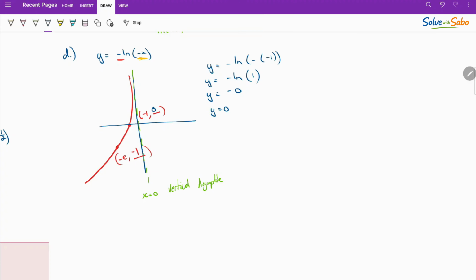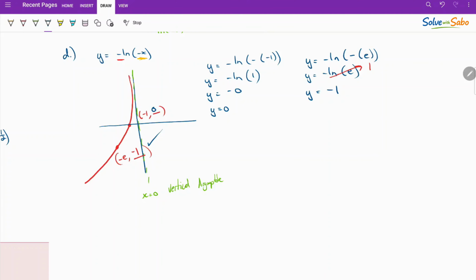So let's have a test again. y equals negative ln of negative e, negative ln of positive e. Now, ln of e just cancels out. We know that cancels out. That ln of e is what we use to cancel out when we're trying to solve exponentials. So we know that's equal to 1. So -1. So yeah, that does check out. That's exactly what we thought it would be.